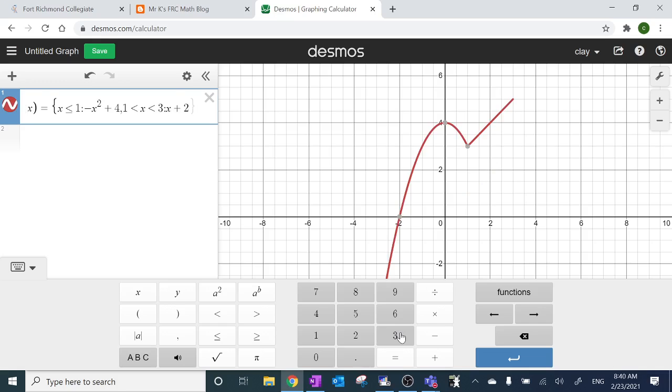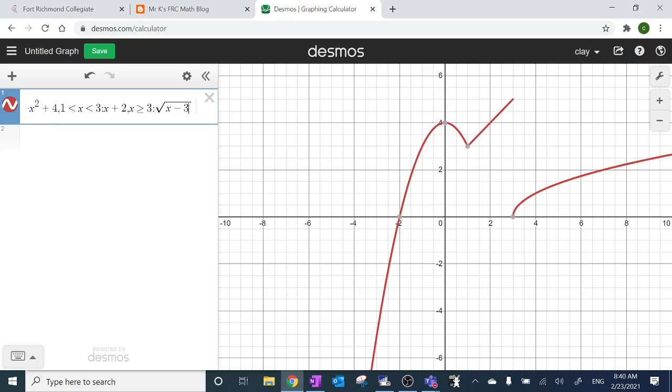There we go, there's the next part. And then comma, and then my last restriction is x is greater than or equal to 3. And colon, and then this is the square root. You can use square root off of this menu here, or if you actually just type in SQRT, it knows to make a square root. And then x minus 3, and there we go.